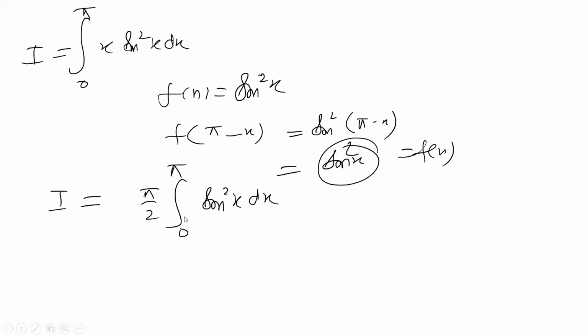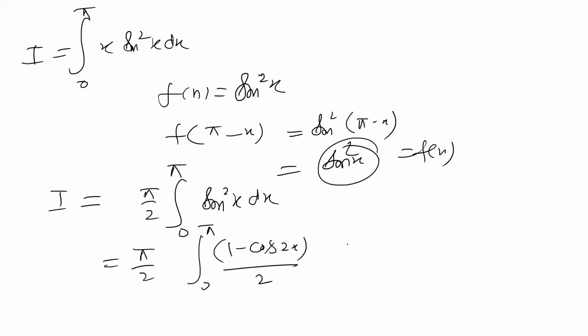So here you can use sin square in terms of cos: (1 minus cos 2x) by 2, from 0 to pi dx. So pi by 2, then 1 by 2, we are applying the integration, 1 by 2 x, and here sin 2x by 4, from 0 to pi.